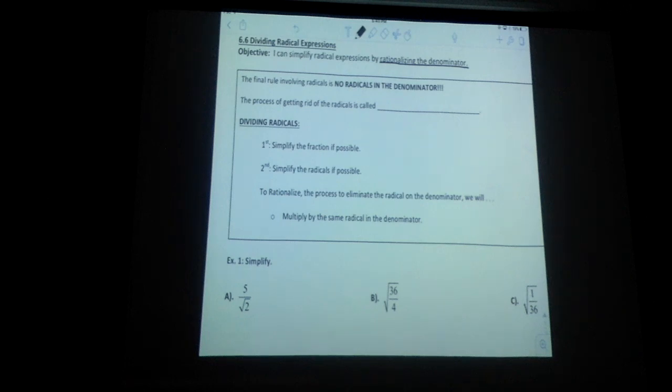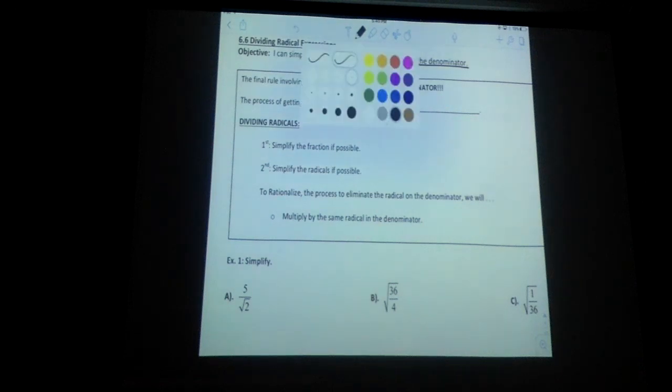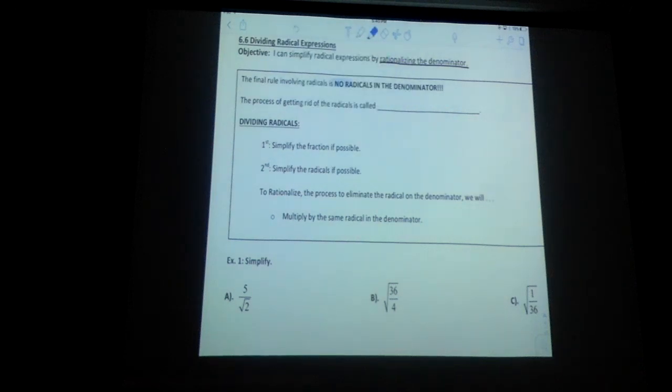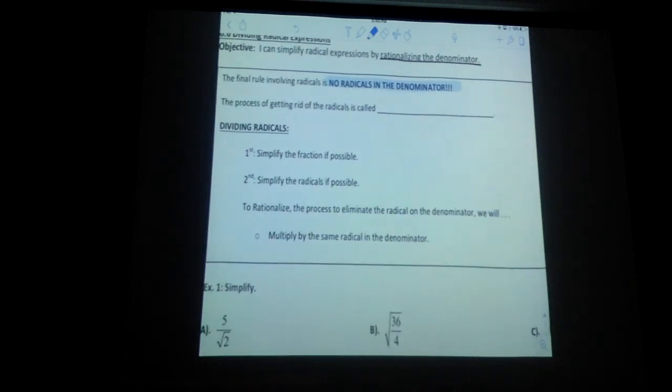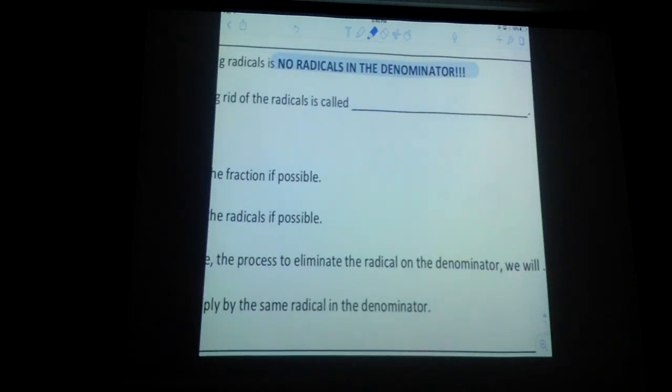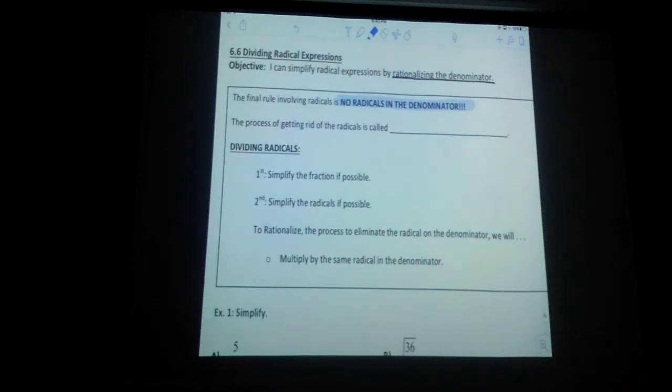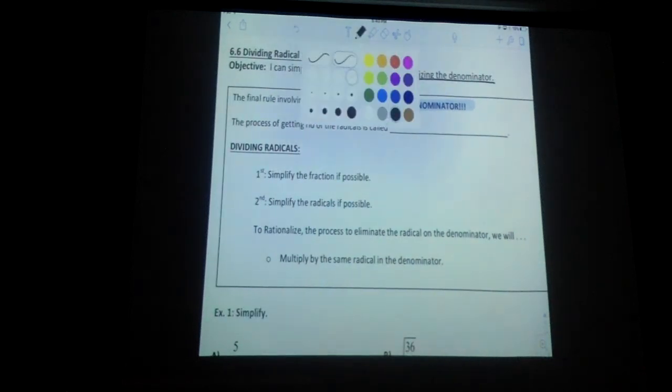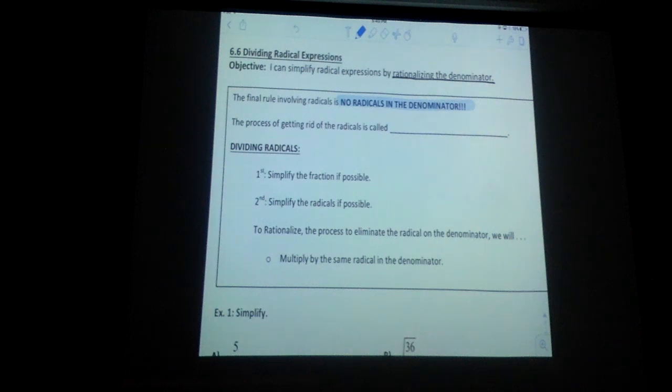The final rule involving radicals is that you cannot leave radicals in your denominator. That is our last rule that we have to follow, what's up at the very top of that box there: no radicals in the denominator. The process of getting rid of the radicals is called rationalizing the denominator.